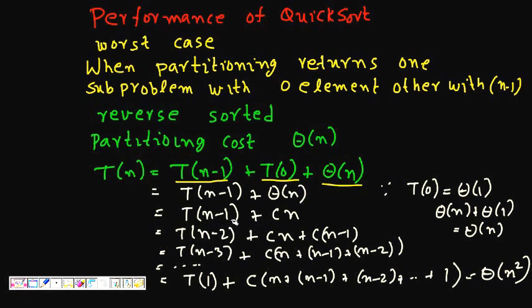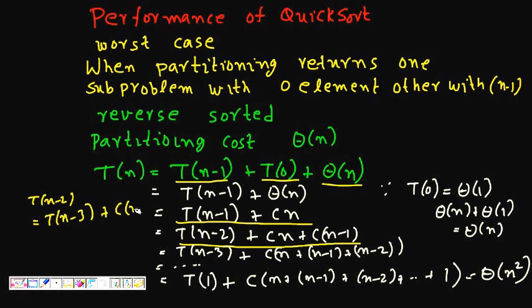And then what happens? T(n minus 1) can again be written as T(n minus 2) plus c of n minus 1. So this whole expression becomes T(n minus 2) plus cn plus c of n minus 1. Now T(n minus 2) can be written as T(n minus 3) plus c of n minus 2.